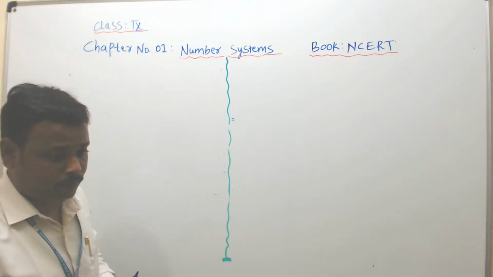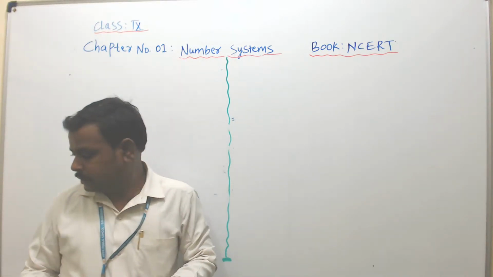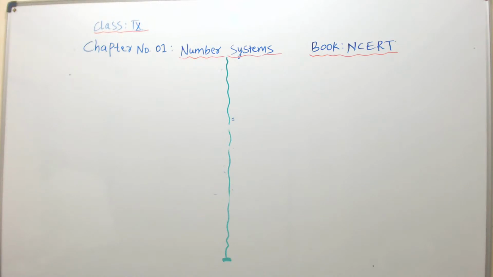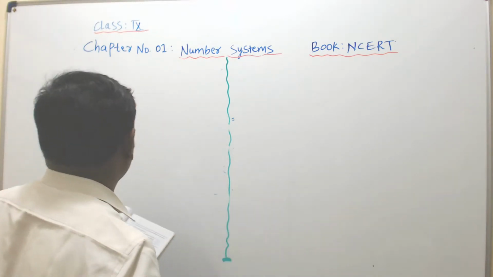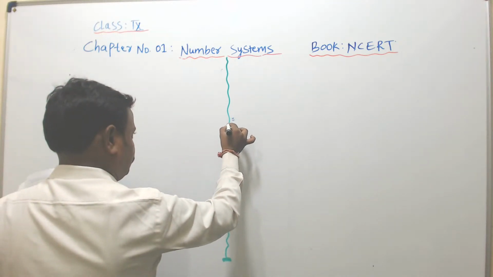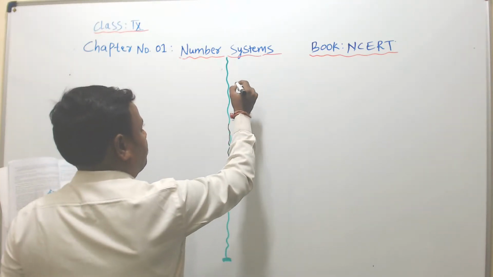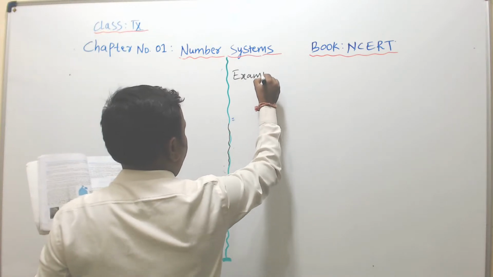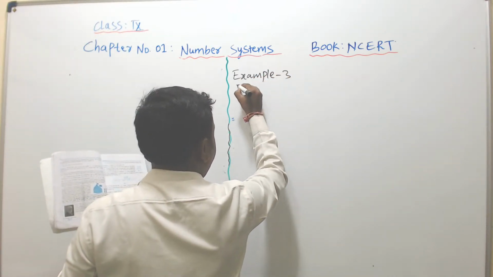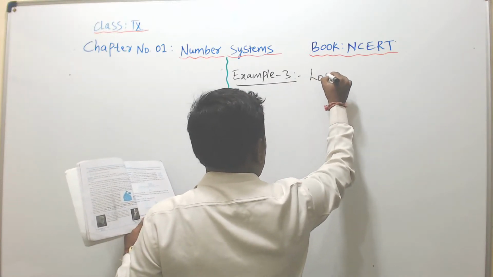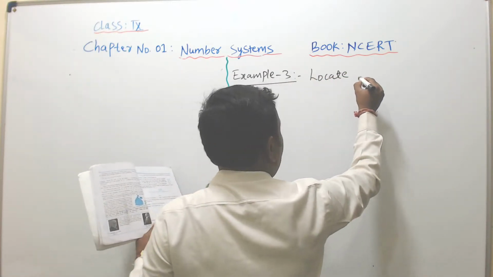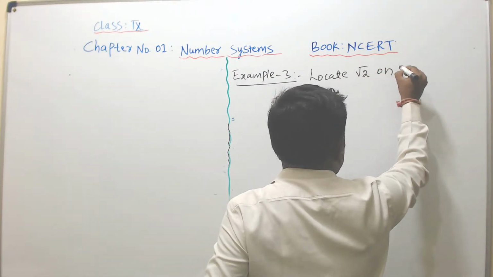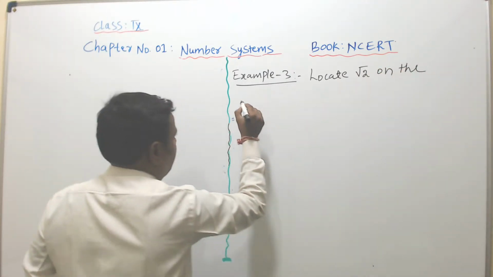Listen, it's very, very important. First, I will write it. Locate root 2 on the number line. This is textbook example 3.